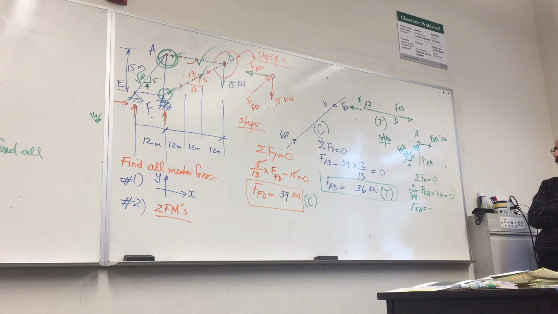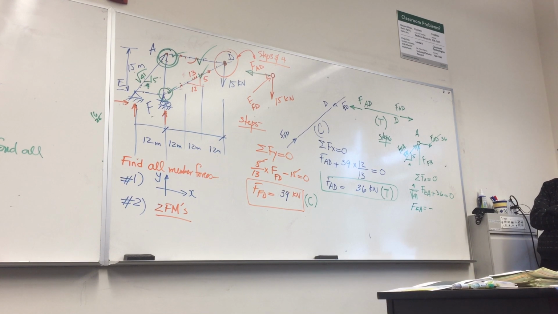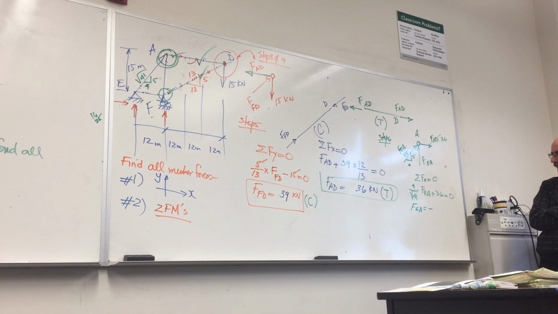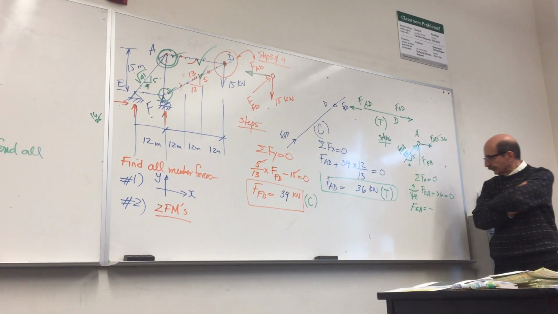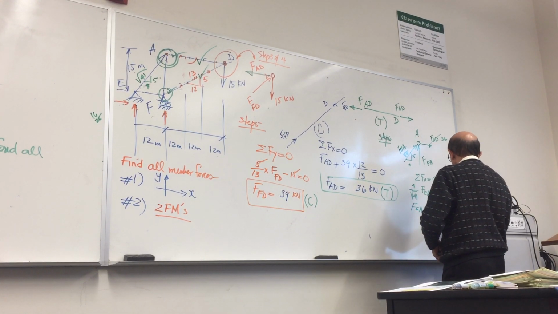So just 9 times square root of 41. About 60 something. 57.6. So how about, let's say, 58?